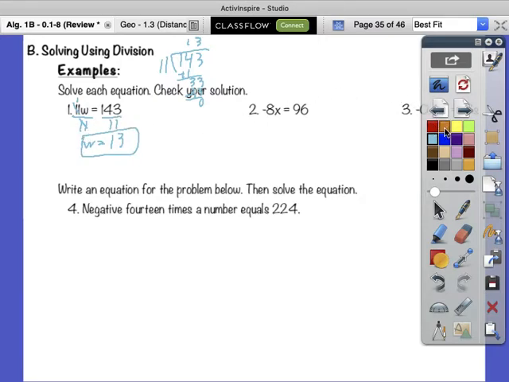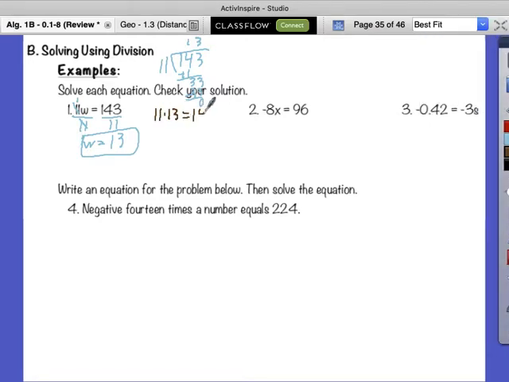And you go back and check it by multiplying 11 times 13 and saying that equals 143. Once again, we might not know off the top of our head, so let's try it out. Okay, 11 times 13. What's 3 times 1?